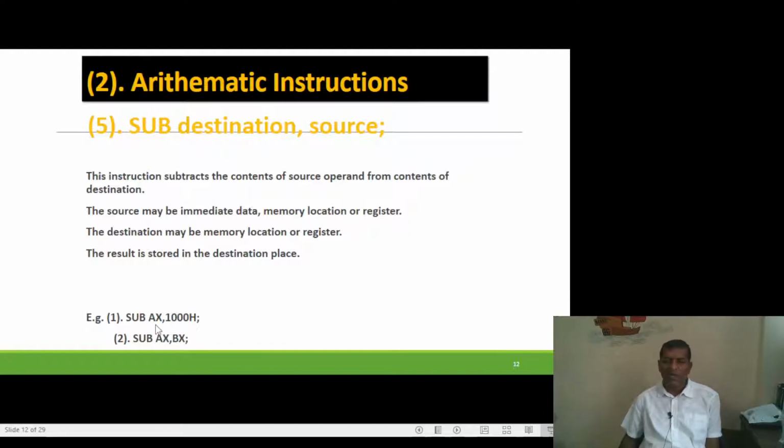So SUB AX, 1000H: this 1000H immediate data will be subtracted from AX, and the result will be stored in AX only. SUB AX, BX will subtract the contents of BX from AX, and the result will be stored in AX only.